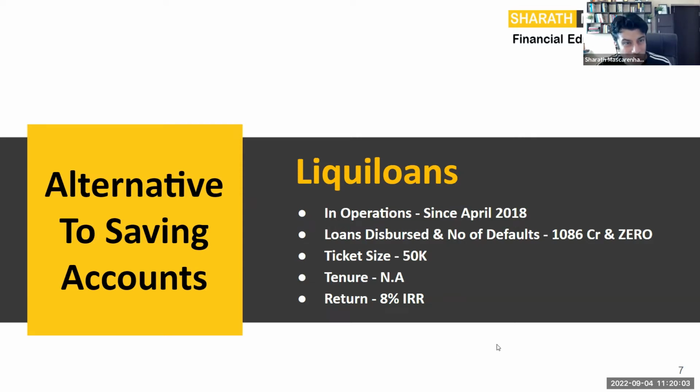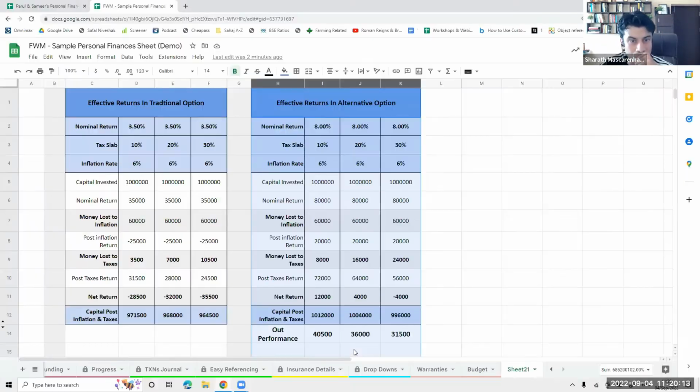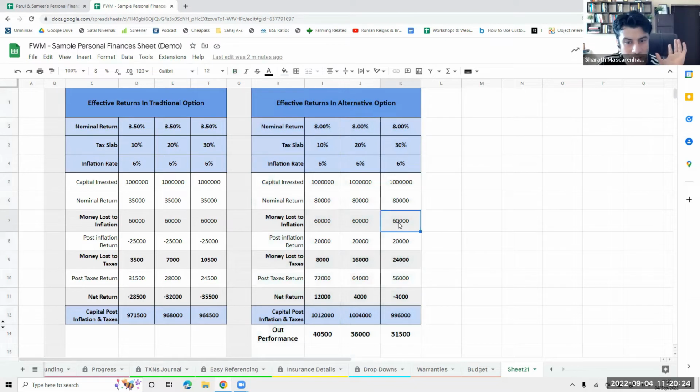Now, is it worth all the headache for 8%? Just to make 8%, is it worth going through all the trouble of transferring your money, putting that money to better use, or whatever it is, right? Let's take a look. Now the nominal return at 8% is right over here, and the same calculation. The money that I've lost due to inflation is again the same 60,000 rupees. But watch here.